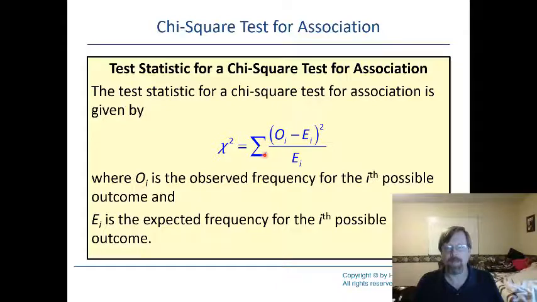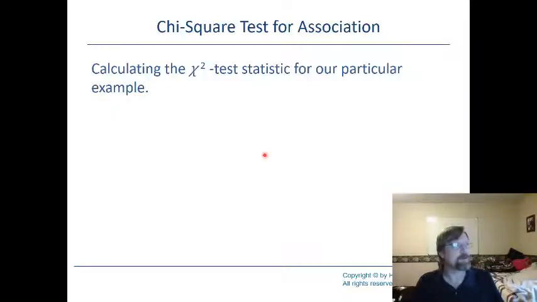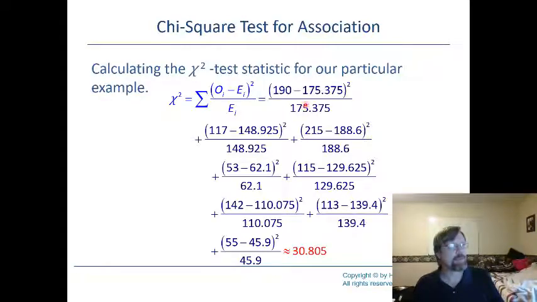So this is our male silver car owners, 190 minus 175.375 that we calculated. This would be the same value for the female silver car owners. That's the expected frequency from the table.